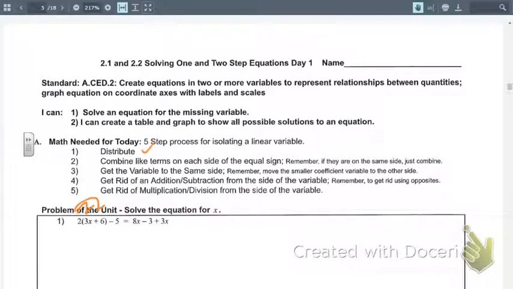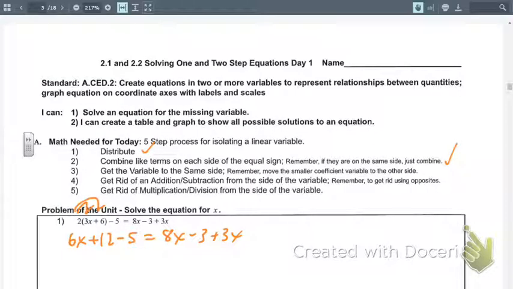So 2 times 3x is going to give us 6x. 2 times 6 is a positive 12. Minus 5 equals 8x minus 3 plus 3x. Okay, the next step is to combine like terms on each side of the equal sign.